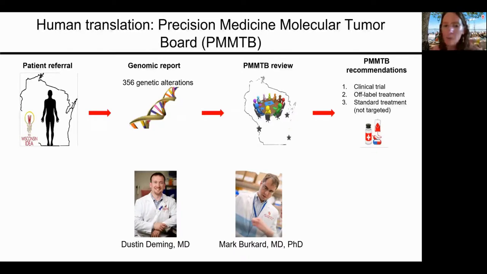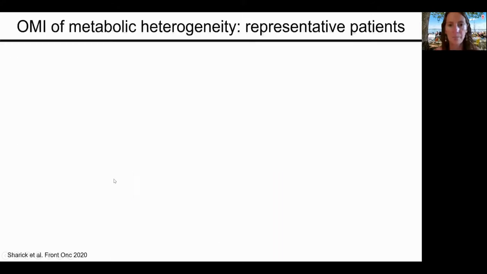And they might find you have a mutation that isn't common for your cancer, but is common in other cancers, so you might use a different cancer treatment. So we have tapped into this Precision Medicine Molecular Tumor Board, and some of the samples in which we get a genomic report, we also grow tumor organoids, and we ask questions about whether we can predict which treatment is best and what alternative treatments might be best by testing those treatments directly on the patient samples.